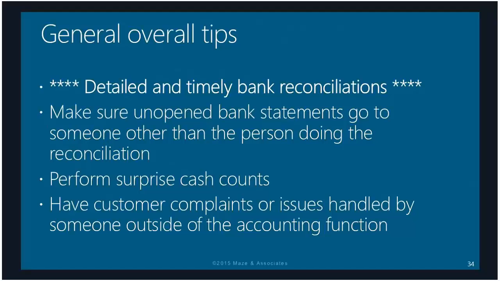If they're done correctly and reviewed in detail, bank reconciliations can detect errors and irregularities in these cycles: the receipts, the disbursements, and payroll. That's why it's important to do them timely. You need to find somebody competent to review them, which we understand is difficult when you have a smaller organization with only 2 to 3 people in finance.